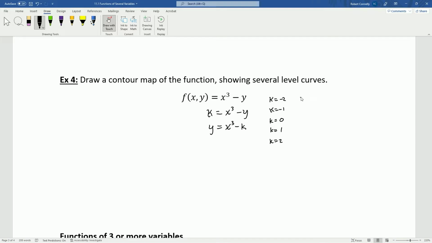So then what do we get here? We get y equals x cubed plus 2, right? Because those negatives cancel. y equals x cubed plus 1. y equals x cubed. y equals x cubed minus 1. And y equals x cubed minus 2.